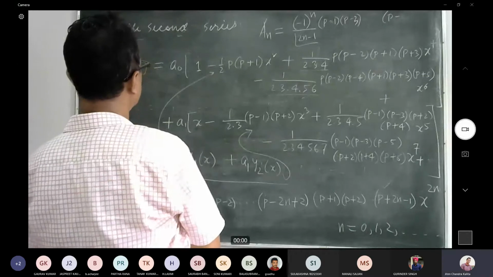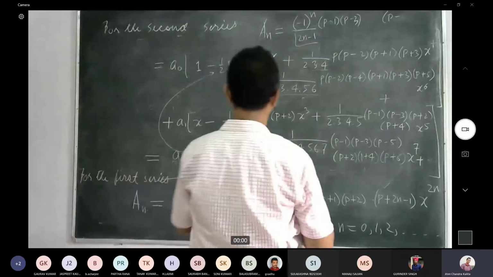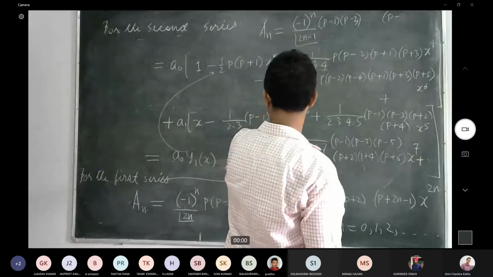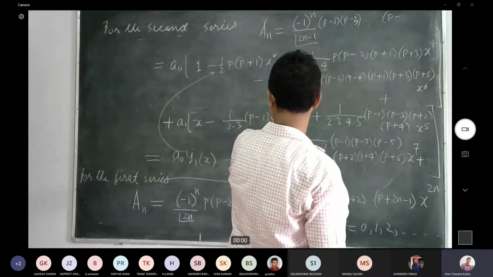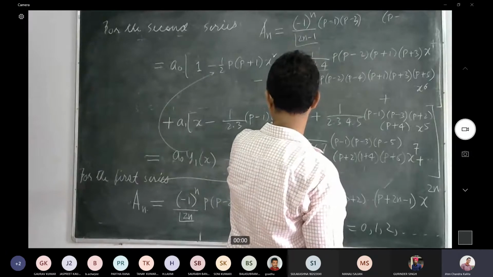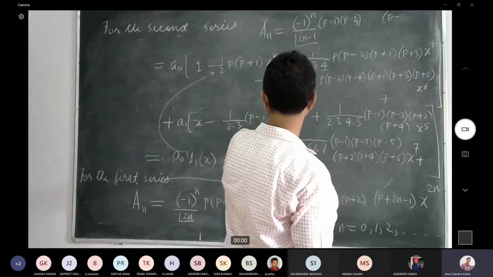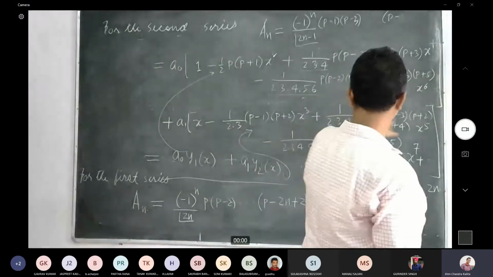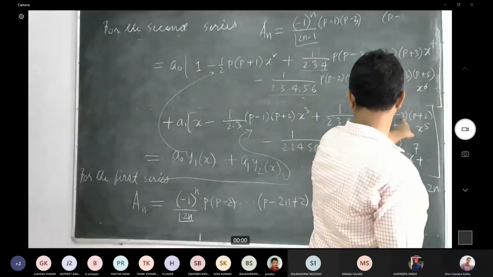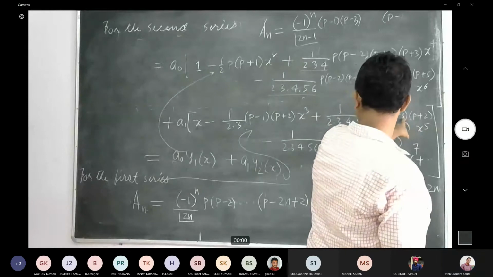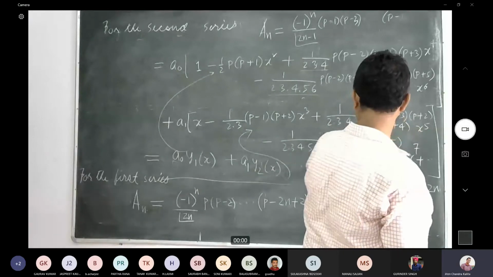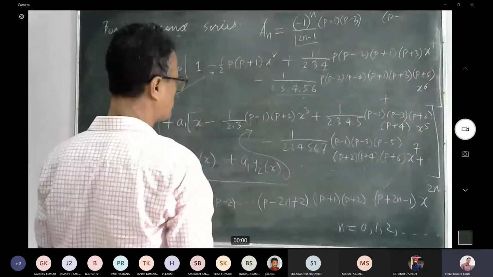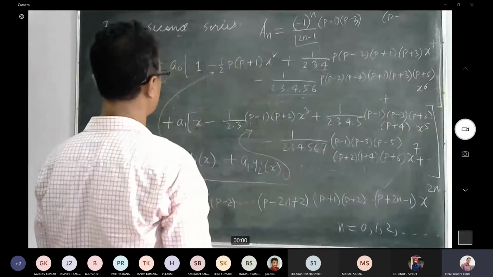If I call it the second term, so should I start with 0 here as well? 0, 1, 2, 3. So then this is going to be 2n plus 1. I think that is going to be easier for me.